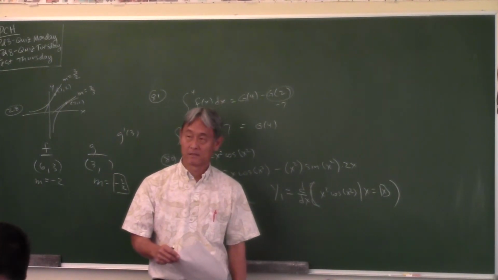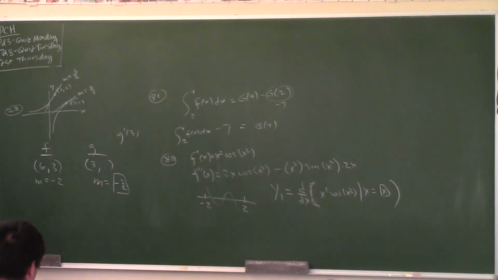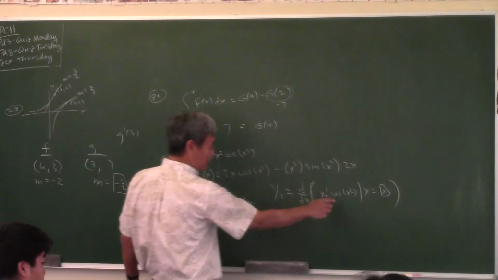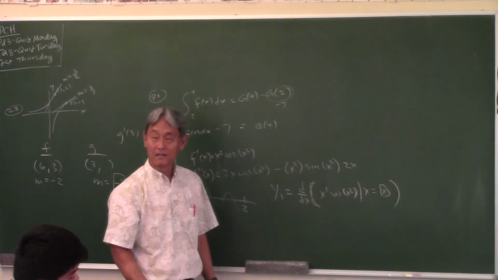Wait, is there something wrong here? Are you in radian mode? Yes. There's something wrong here. Let me see. At x equals x. I think you need to put the parentheses. You didn't put the parentheses over here. That sounds good.